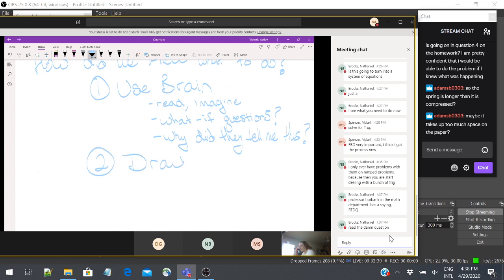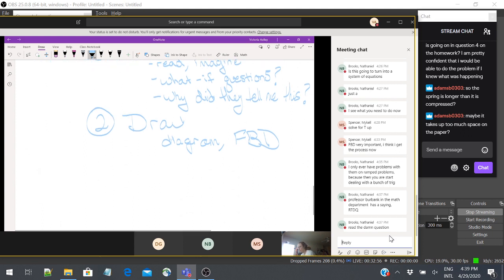Draw. This might be a diagram. This might be a free body diagram, right? But draw something. Sometimes I can tell that a student is interpreting the question wrong. So I had a student, there's a question on the final homework where it's a rocket that's launching upward through a hoop.